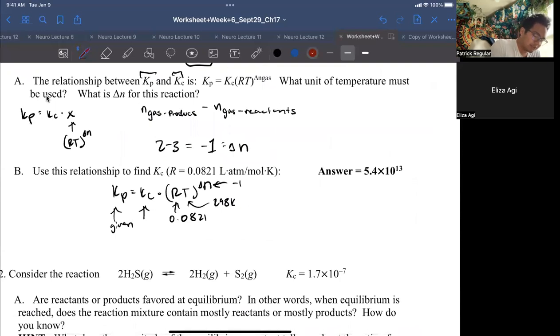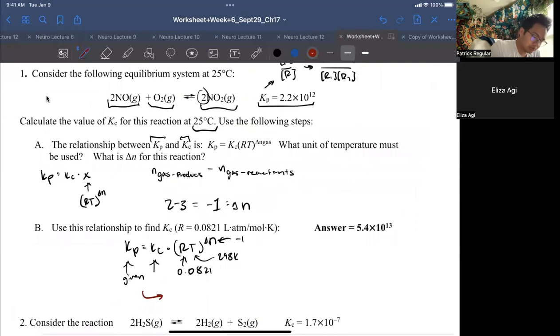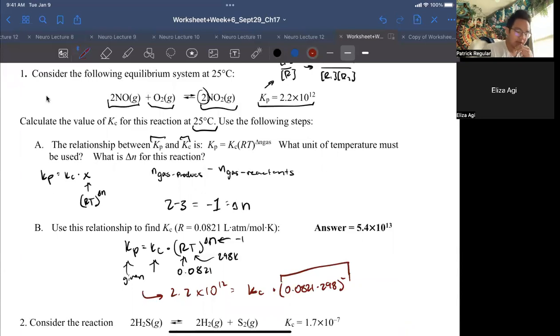So if you're given this, it translates to, what is it? Kp is 2.2 times 10 to the 12 equals Kc times 0.0821 times 298 Kelvin to the -1 power. Now the entire product and the exponent will multiply up to 0.04087.